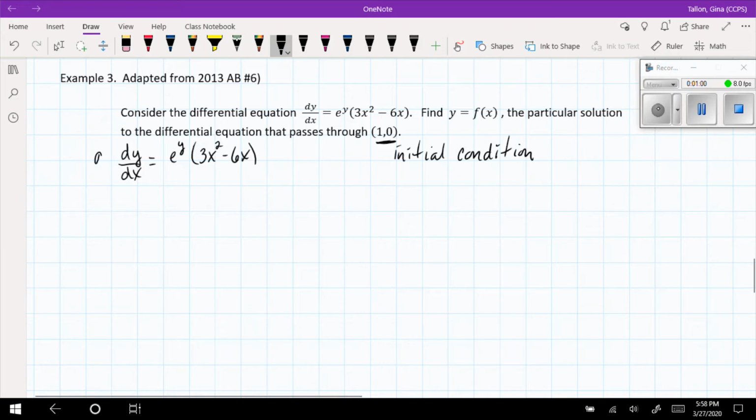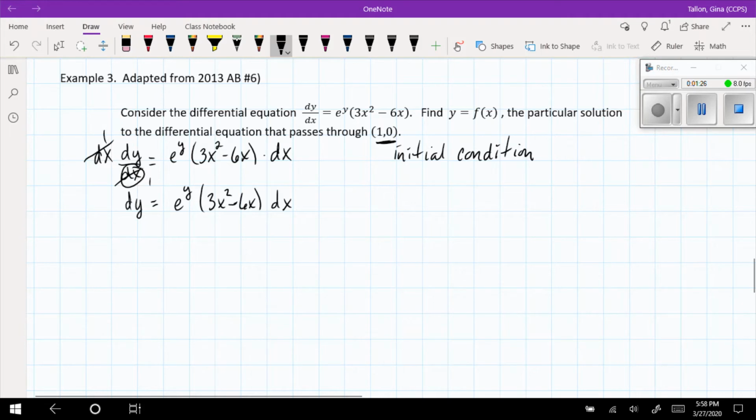So let's eliminate this dx right here from this denominator first. Multiply both sides of the equation by dx. This gives me dy is equal to e to the y times the quantity 3x squared minus 6x dx. And now I'd like to remove the y variable from the right-hand side of the equation. However, it's attached as an exponent on the e.